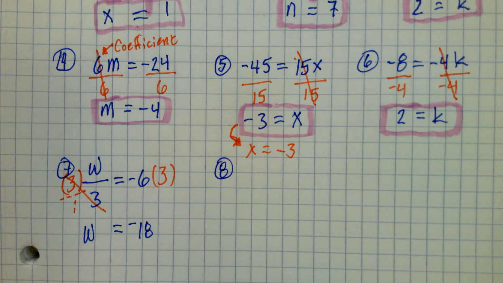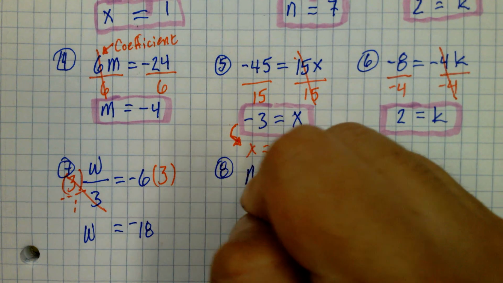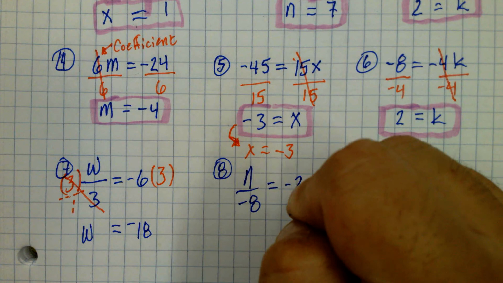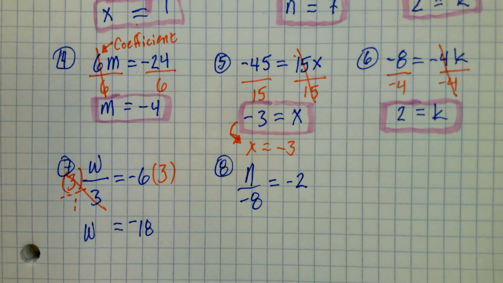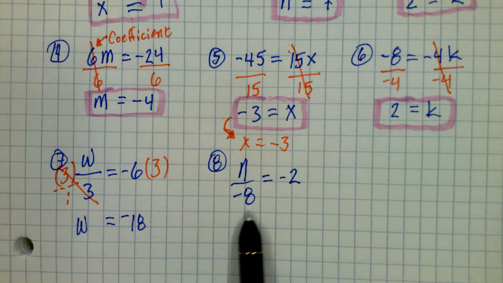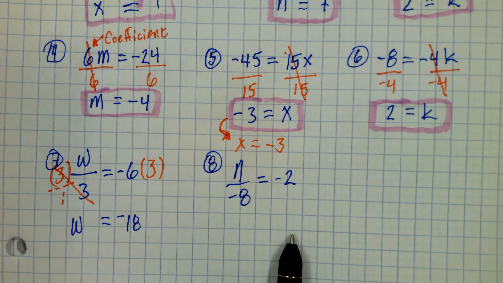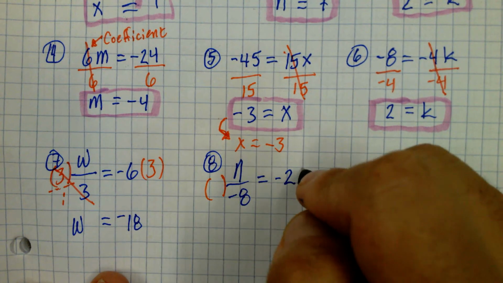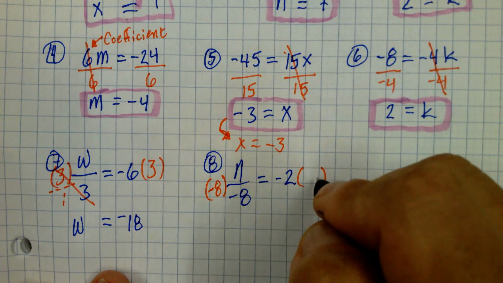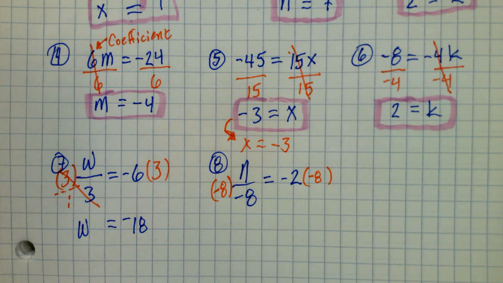All right. Let's do 2 more. n divided by negative 8 equals negative 2. So now, n divided by negative 8. First of all, it's division, so we should multiply to undo it. What do I want to multiply by? What's in the denominator? Negative 8. So that's exactly what you multiply by.